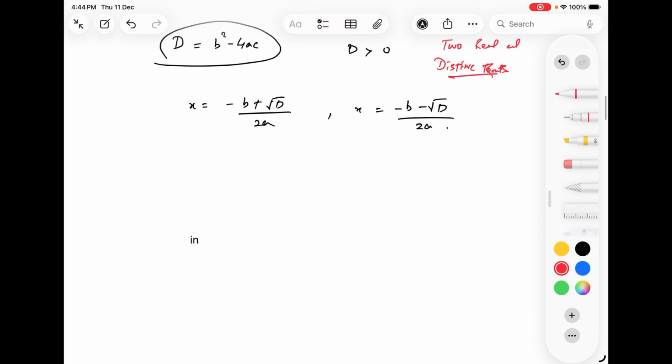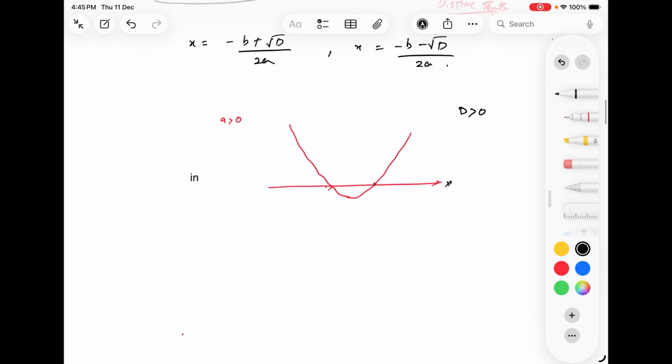It means if we have this as the x-axis, then the quadratic function intersects at 2 points. It may be facing upward or downward as the value of a is positive or negative. So let us see a is positive, so it is facing upwards. The main point here is that when d is positive, it cuts the x-axis at 2 points.